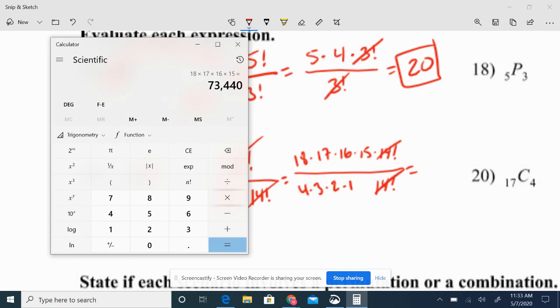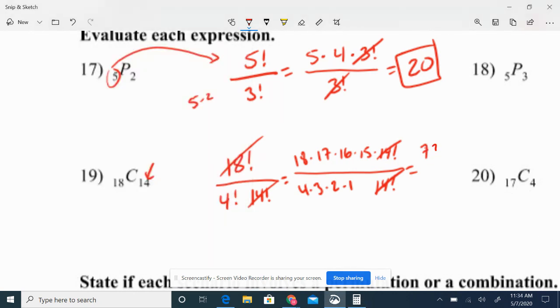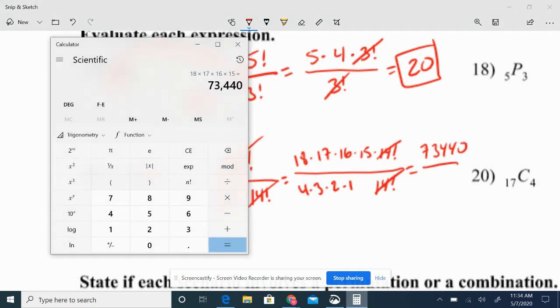On the top, I have 73,440. At the bottom, I have 4 times 3 times 2 times 1. That's 24.